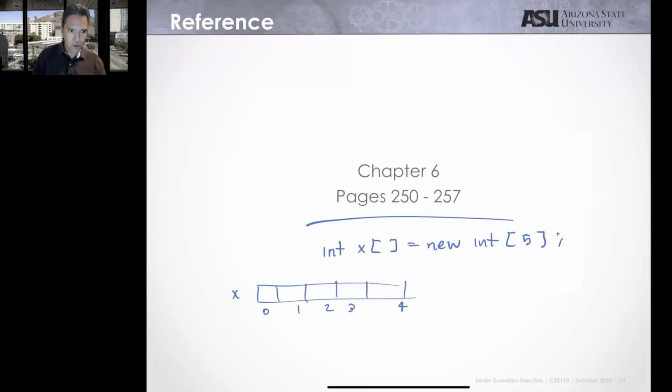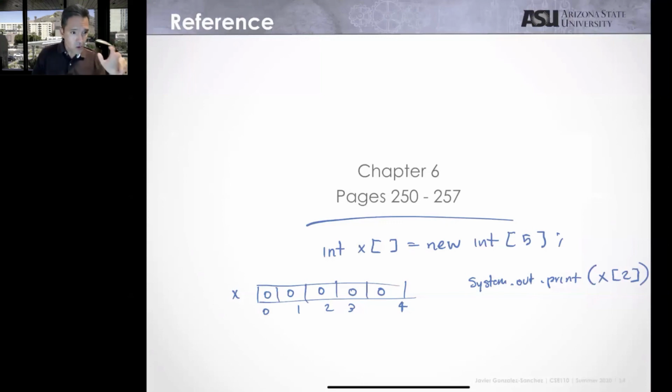According to what I told you before, the default values for integers. So I'm going to have 0, 0, 0, 0, 0. So at this point, if I do something like printing X in the position 2, I am going to have on the screen the number 0.